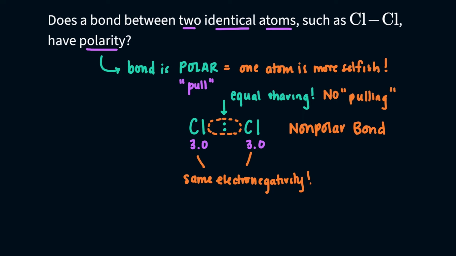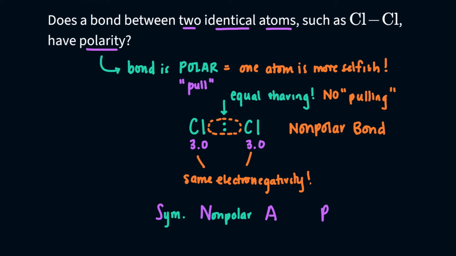And also, you could think of the acronym SNAP. If we think of SNAP, if the atoms in your bond are symmetrical, that is nonpolar, no pull.